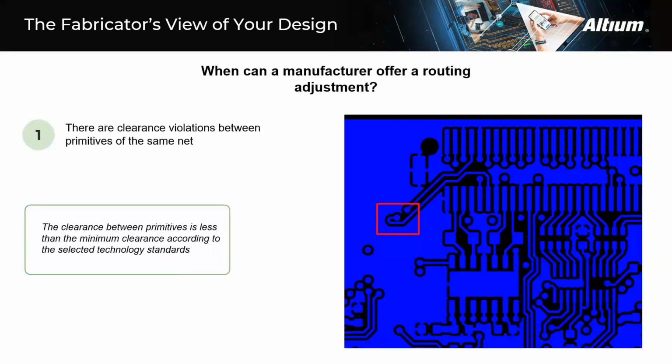Now let's move on to the second subsection, when a manufacturer can propose a routing adjustment. This often occurs when the clearance between tracks of the same net is so small that the fabricator cannot guarantee proper production. In this case, such a clearance must either be filled with copper or increased. Of course, any one of these changes would require approval by the designer.